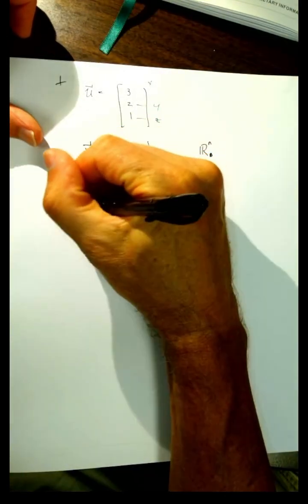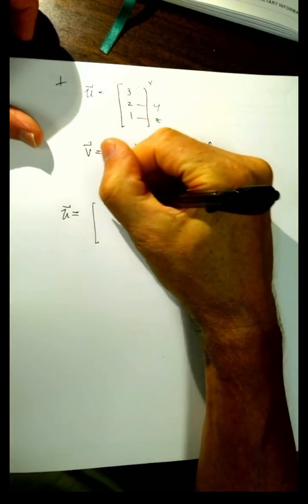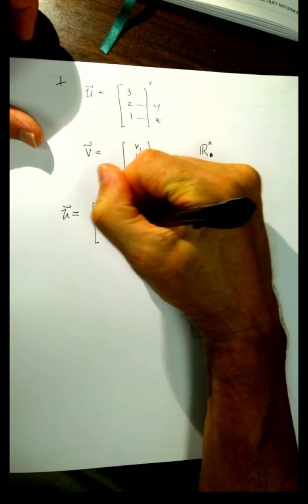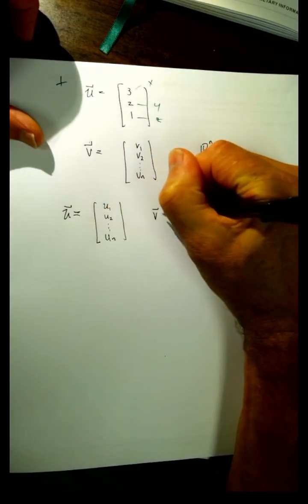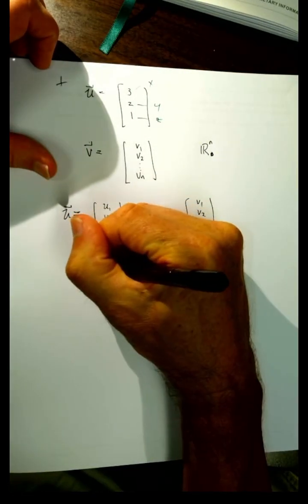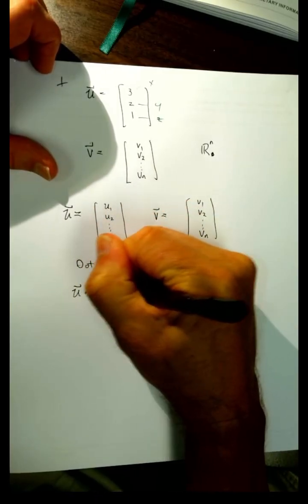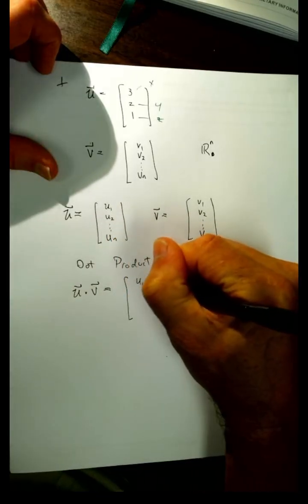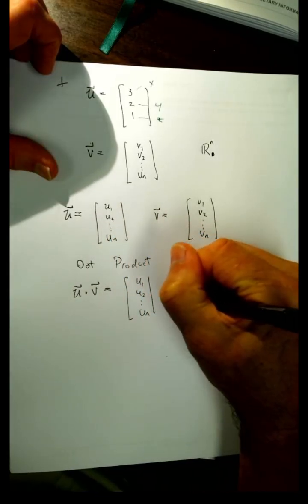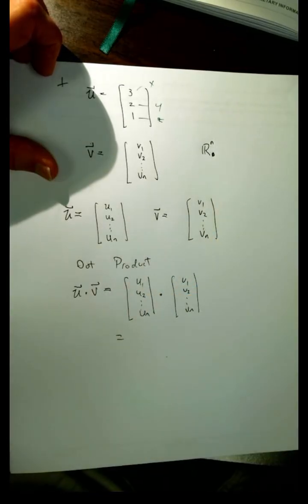What's going to be important for us is something called the dot product. Suppose we have 2 vectors with n rows. This is going to be u1, u2 to un, and another vector v, which has n entries. We're going to need the dot product. The idea behind the dot product, u dot v, is that I've got u1, u2 to un dotted with v1, v2 to vn, and I'm just going to go entry by entry.